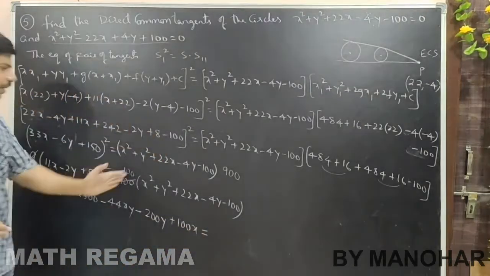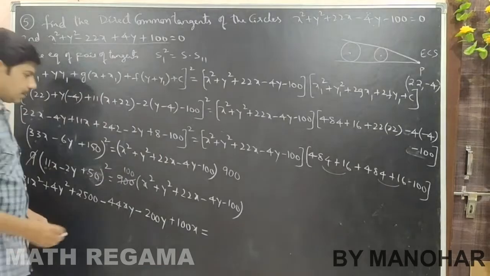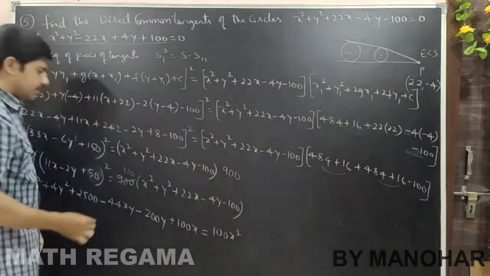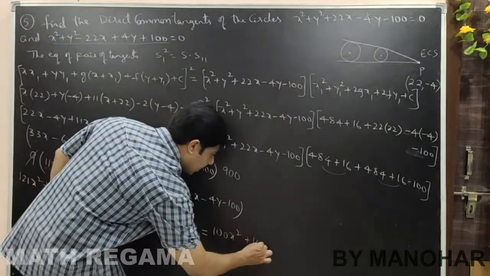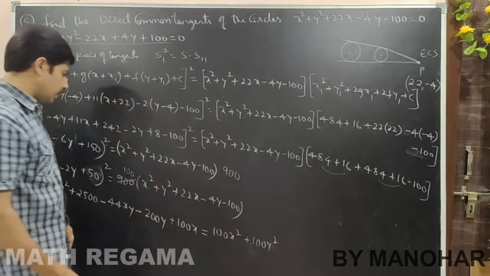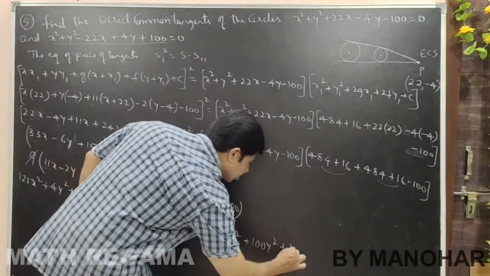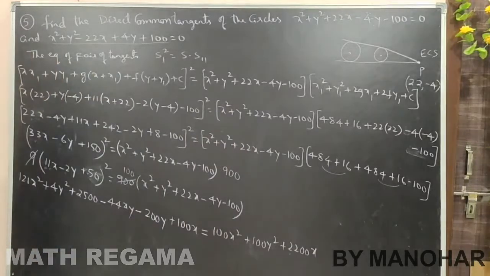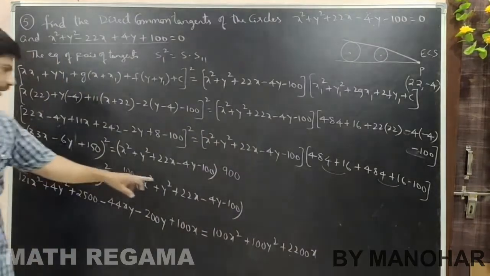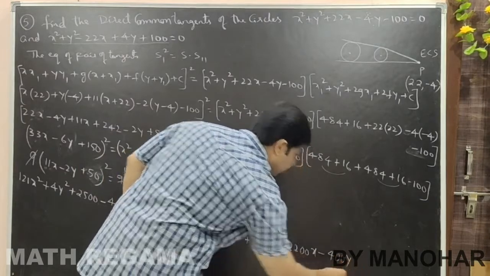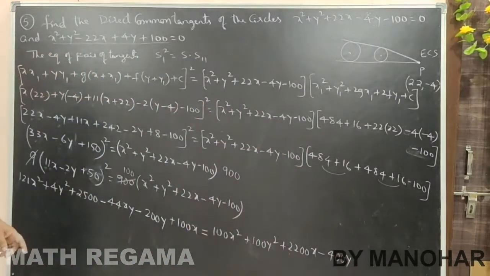Now this whole thing we have to multiply with 100. So that is nothing but 100x square plus 100y square. Then 100 into 22 is 2200x. 2200x minus 400y.